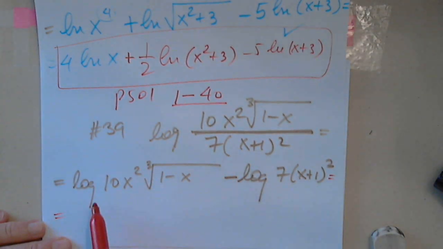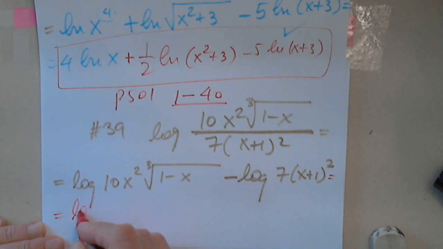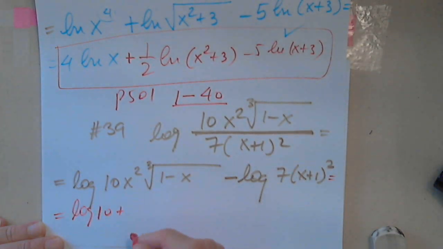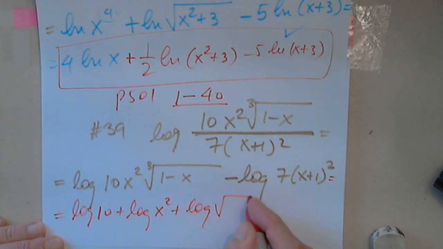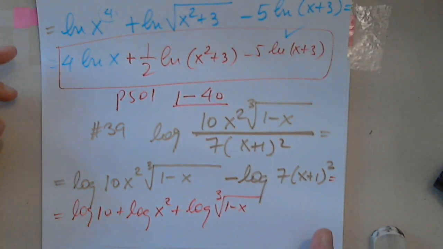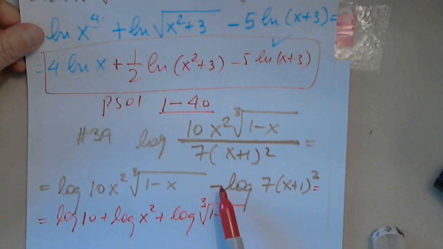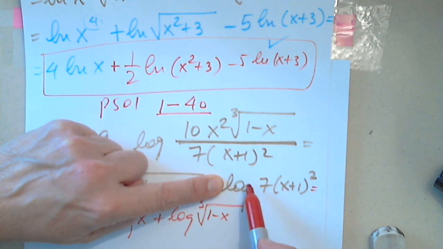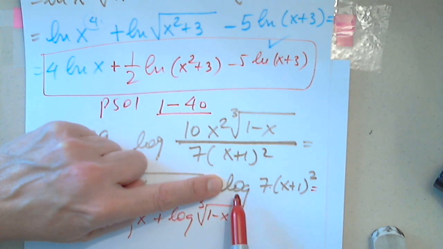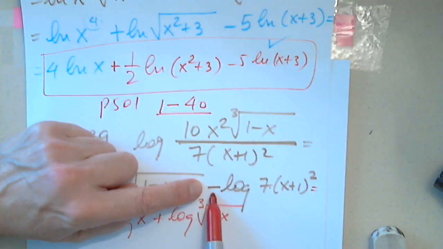So obviously I have log of this, plus log of that, plus log of that. So log 10. Let me know if you can see. Plus log the cube root of 1 minus x. And I have negative in front. You can put it in parentheses and use the product rule, but eventually you will have to distribute -1.